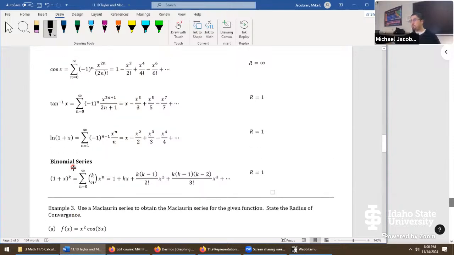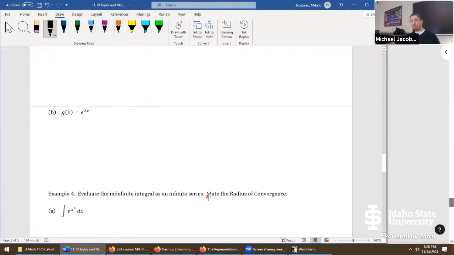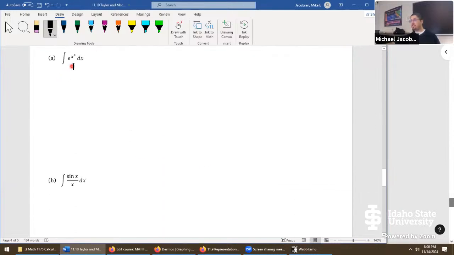We'll use the established Maclaurin series for cosine to find the Maclaurin series for cosine 3x times x squared. We'll do several versions of those and then learn how to integrate things like this. This is the problem our author indicated has no elementary antiderivative, but it does have a power series antiderivative we'll find. Finally, we have this example.